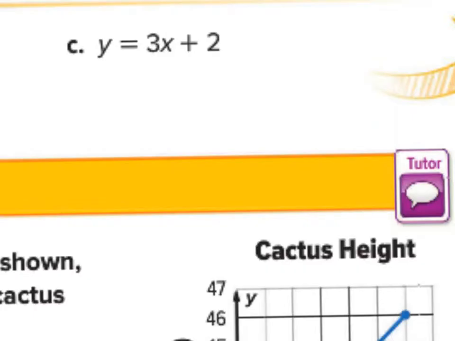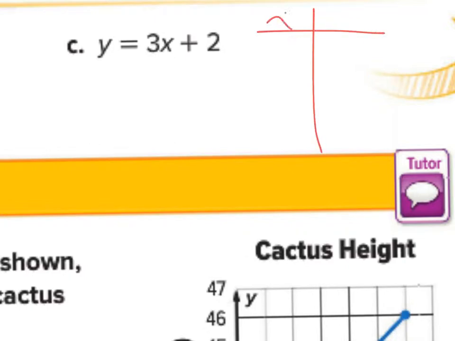Let's try C. For C, we can see that we're multiplying our x by 3. Then we also have a y-intercept. Because again, if x were 0, 0 times 3 is 0. But my y would still be 2. I do have a y-intercept. Let's choose our values for x again.